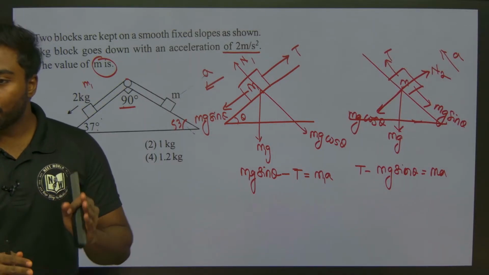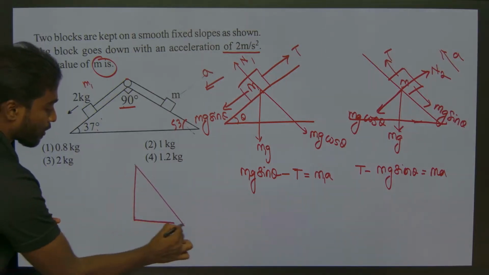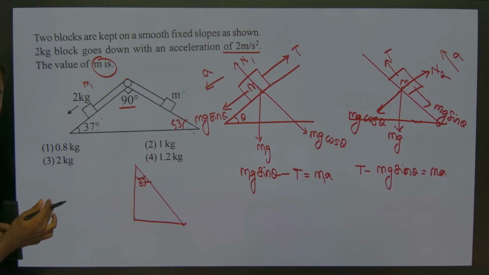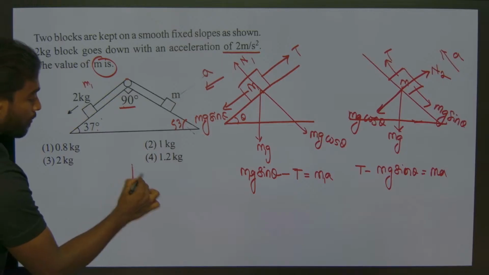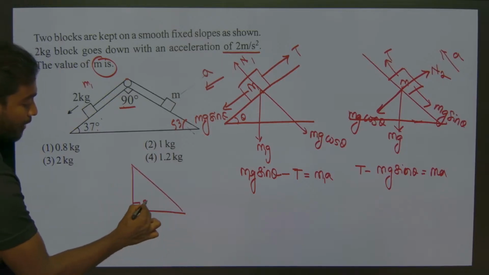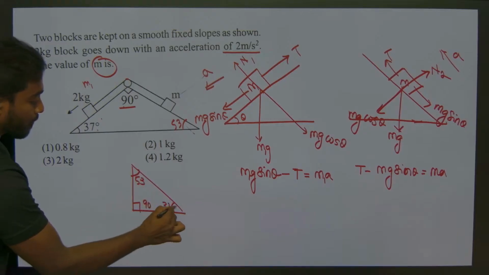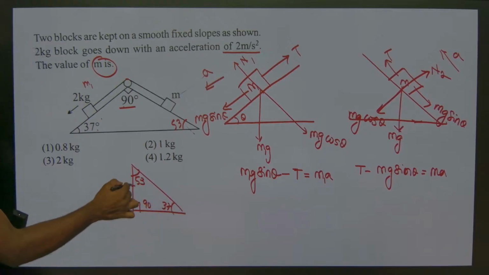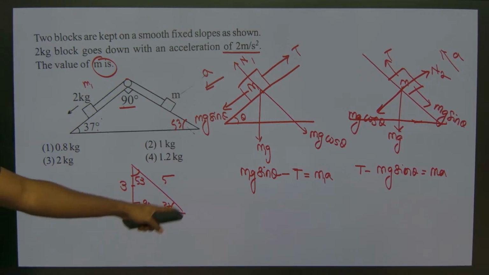That is the 3, 4, 5 triangle I have said. This is a right angle triangle, 90. One is 53, one is 37. Which is the larger number? 5. So keep 5 here, 3 here, and the remaining is 4. That's it, the 3, 4, 5 triangle.